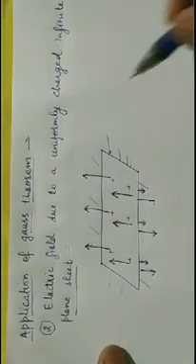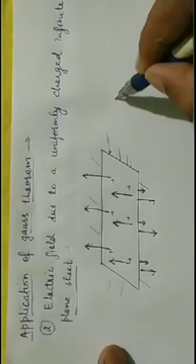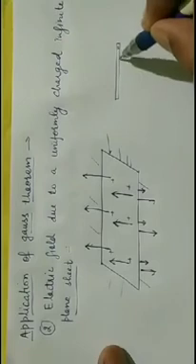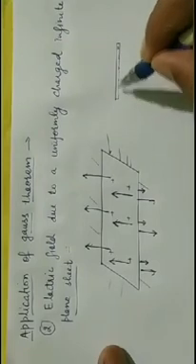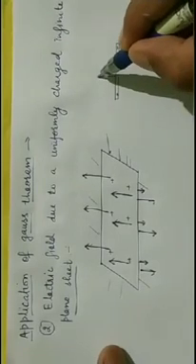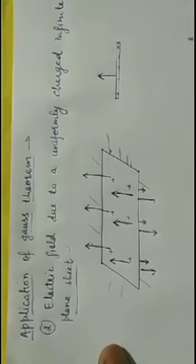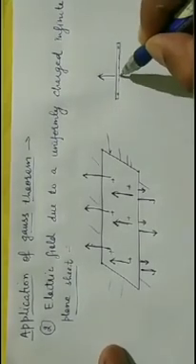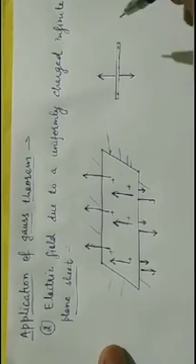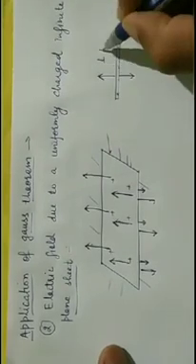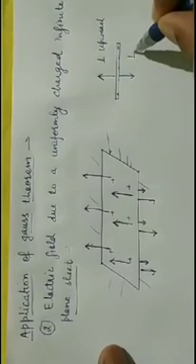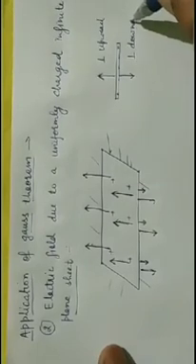So the electric field lines for the plane sheet, if I see this one, this is a plane sheet which has a positive charge, then the electric field lines will be perpendicularly upward above and perpendicularly downward below.